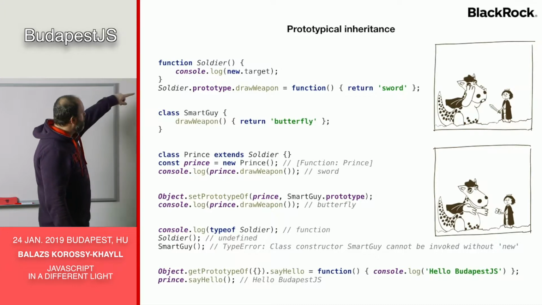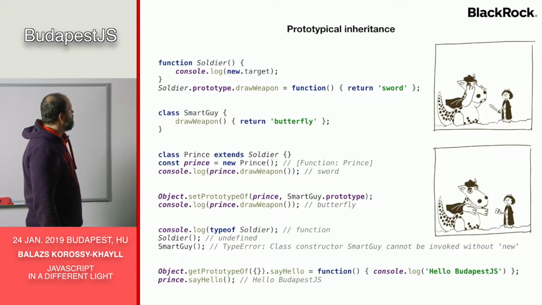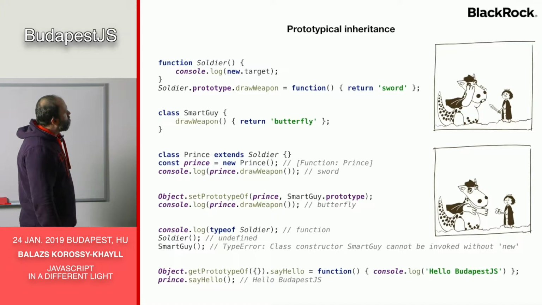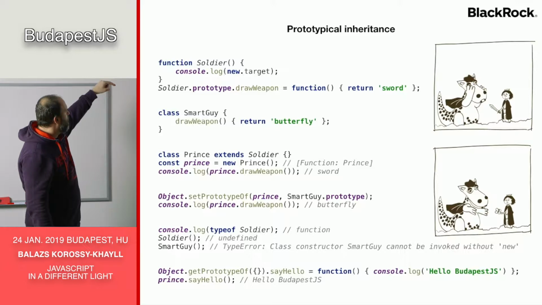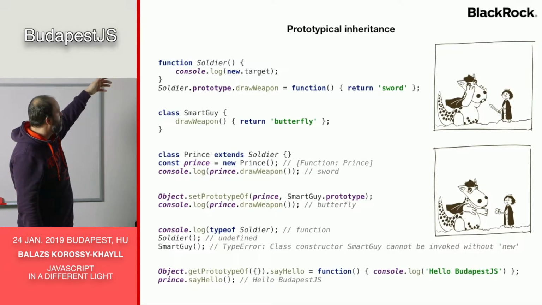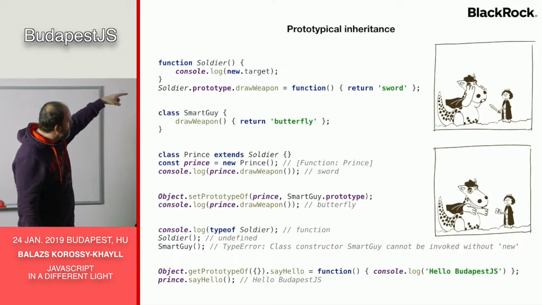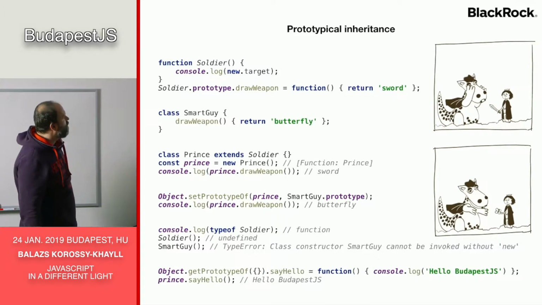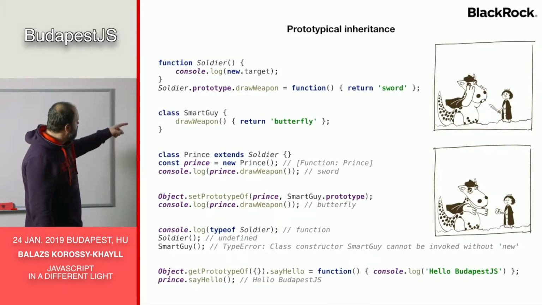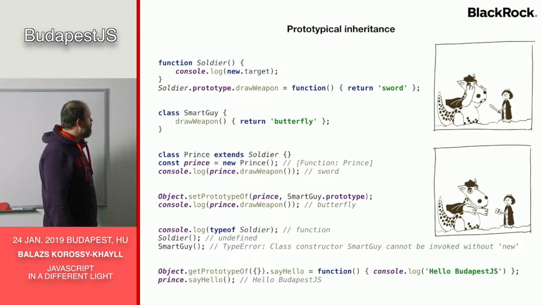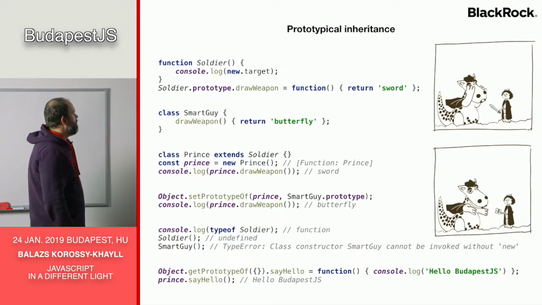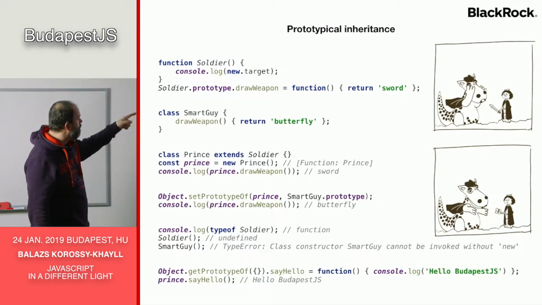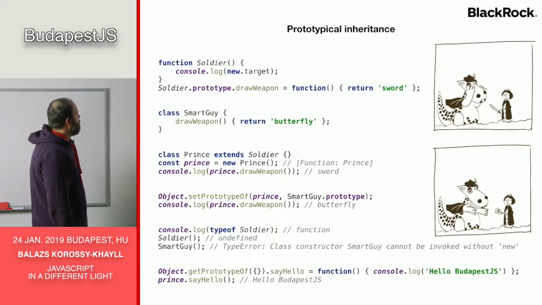So if you take a look at this class definition of SmartGuy, it's pretty much the same as the first thing there that I have. So the function Soldier is a constructor function, and I'm logging the new.target. If you take a look at these lines here, you see that when you create this Prince instance, it's going to write to the console function Prince, which means that the new.target has this value.